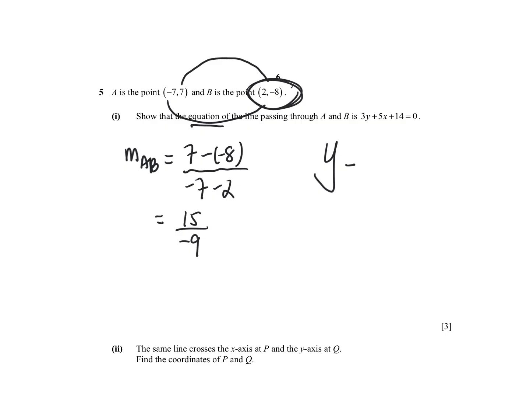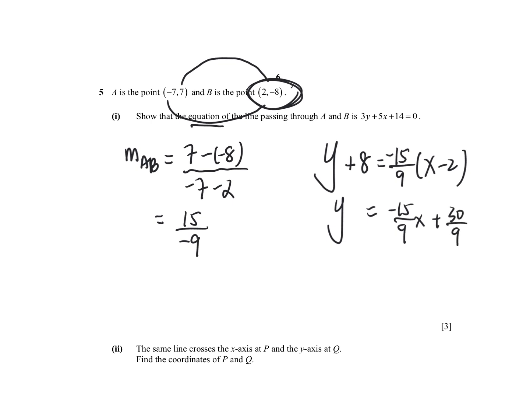Then simplify everything. Would it be minus 5 over 3? Oh, I never simplify. 5 over 3.